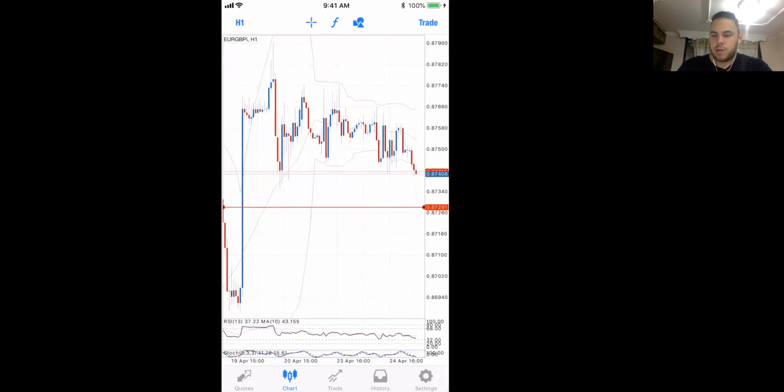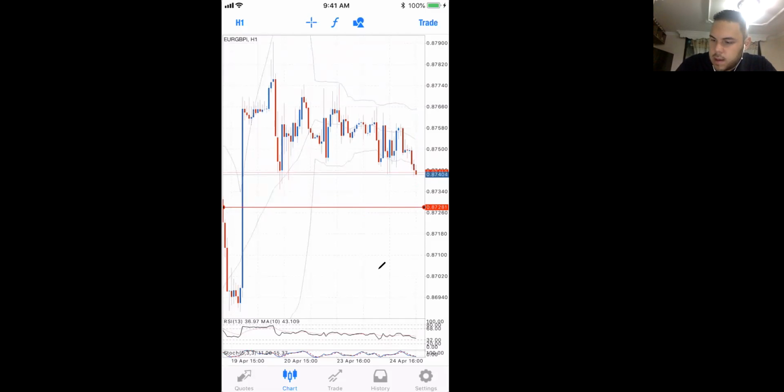Okay, I got it pretty close. So look, this is the current price, and this is the entry price for a buy. So we're hoping it's gonna come down, touch it, and come up.